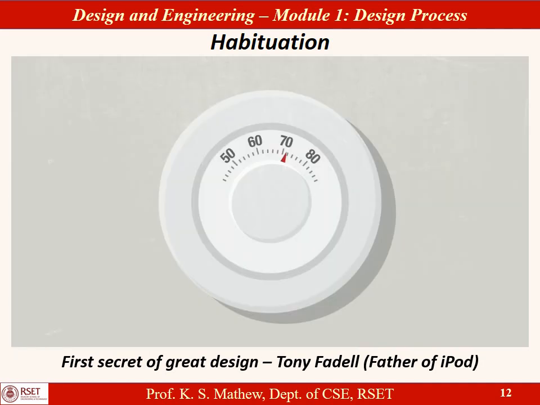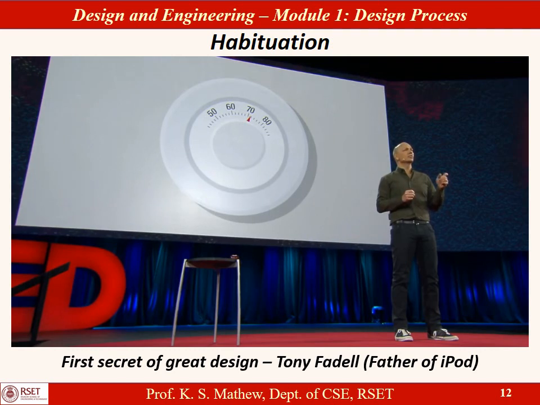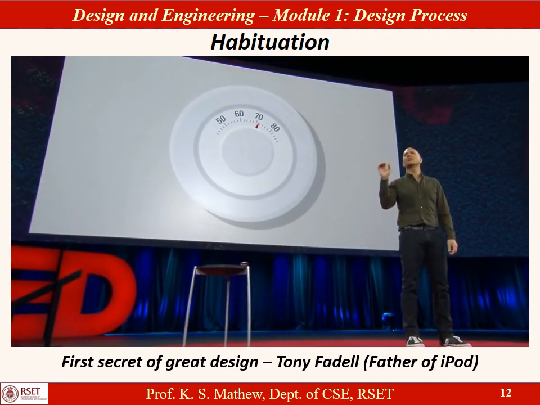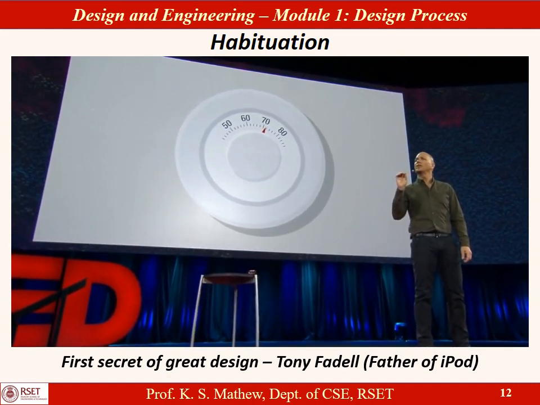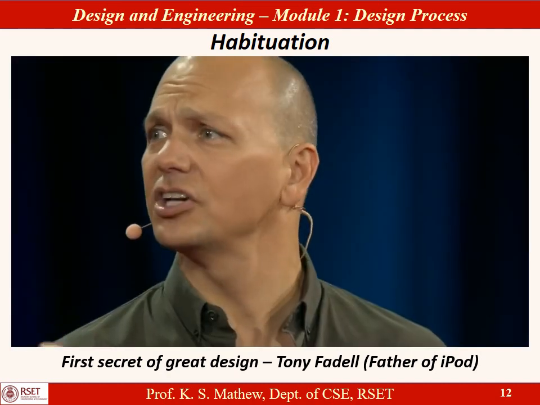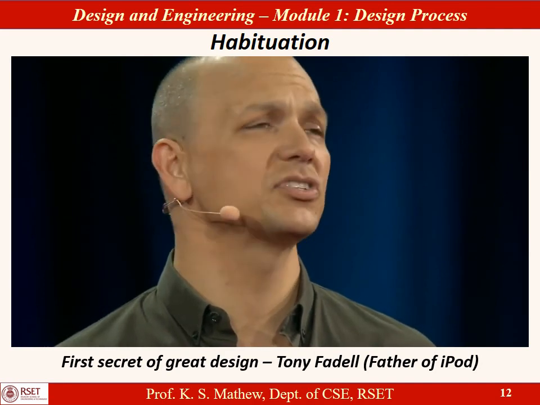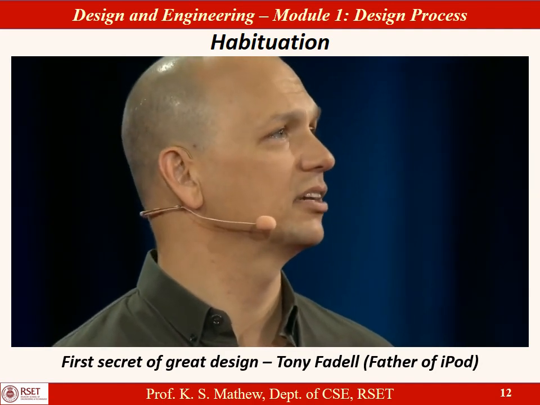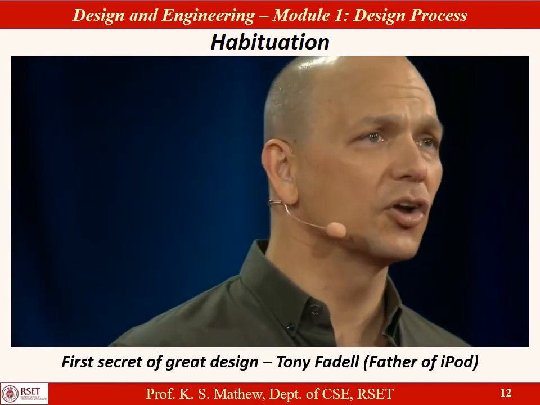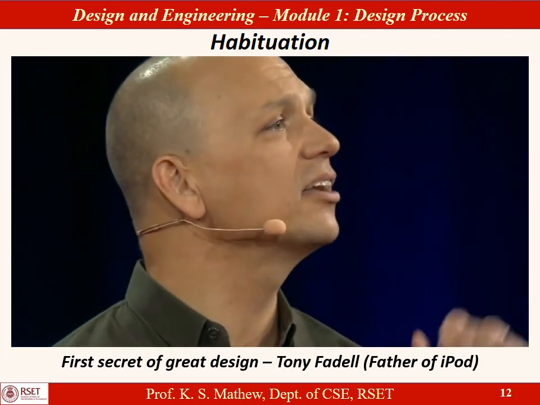Take thermostats, for instance. In the 1900s, when they first came out, they were really simple to use. You could turn them up or turn them down. People understood them. But in the 1970s, the energy crisis struck, and customers started thinking about how to save energy. So what happened? Thermostat designers decided to add a new step.